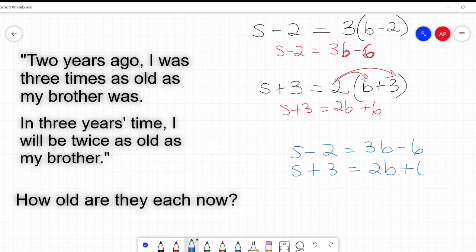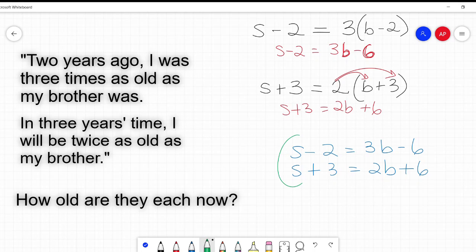Usually with systems of equations, I'm either going to isolate one variable, or put all of your variables on one side and all your constants, your plain numbers, on the other.